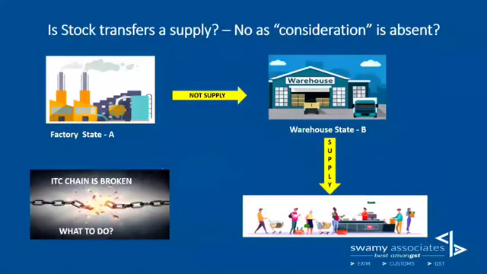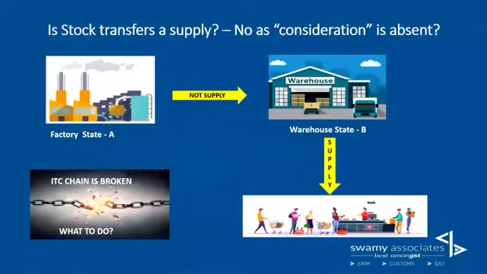But when he transfers all the goods to the warehouses, whether the warehouse in state B or any other state, it will not become a supply for the time being. It will not become a supply because it is his own warehouse. The warehouse is not going to make any payment. So it will not qualify as a supply in the general sense. So there will not be any GST liability. So the ITC, nothing can be done.